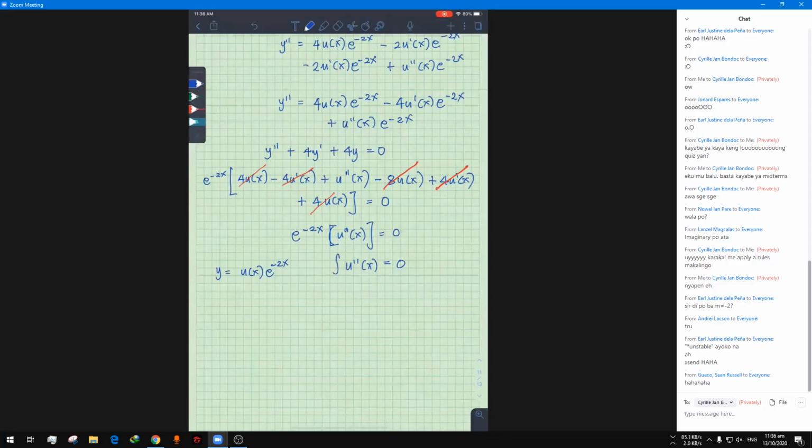So integrate mo both sides. Integral ng u double prime is u prime of x. Integral ng 0, constant c1, kasi derivative ng constant, 0. Tapos integrate mo ulit. So this one would become u of x. Anong integral ng c1 with respect to x? So c1 x plus c2.